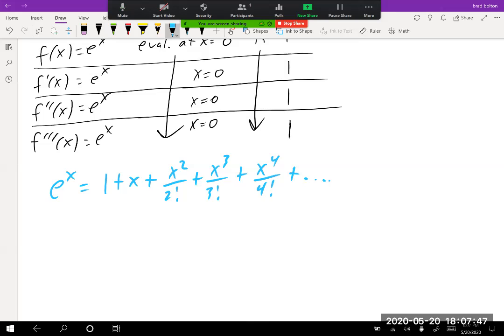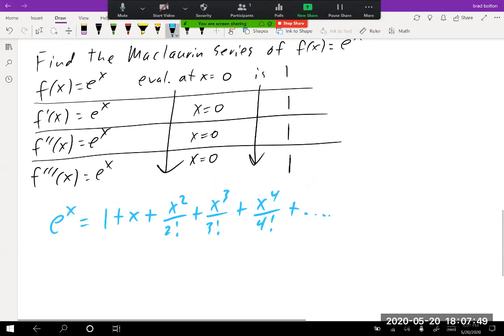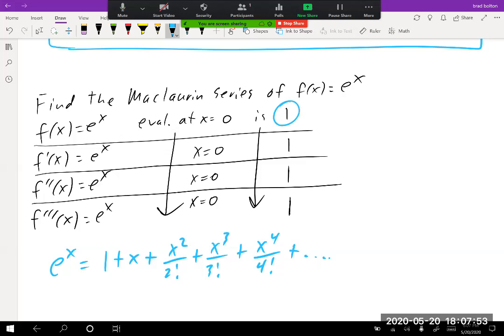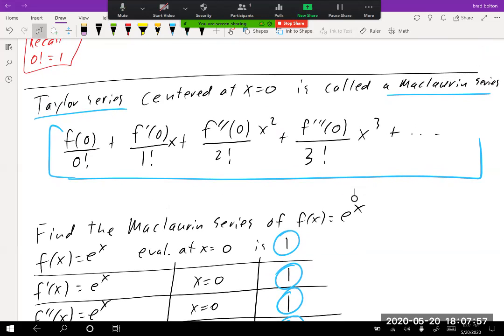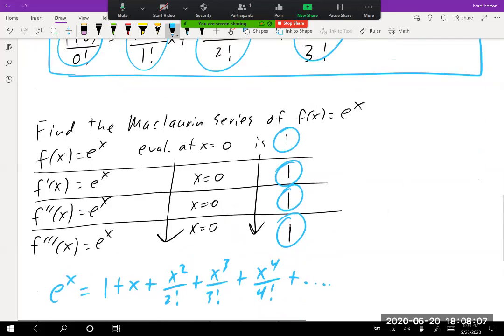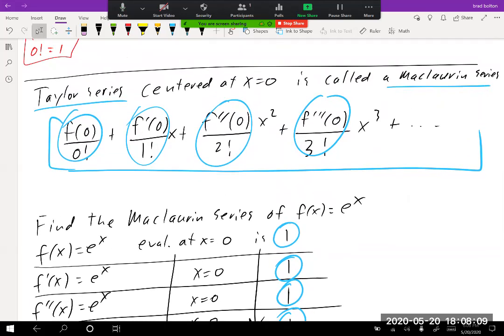Now, in case you're wondering how I did that, all I did was this told me that these would be the coefficients in front. See right here? This is my coefficient, this is my constant, this is my coefficient. But in this case, f prime of 0 would be 1, f double prime of 0 would be 1, f triple prime of 0 would be 1.